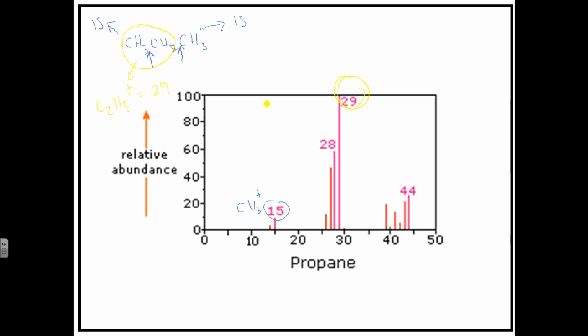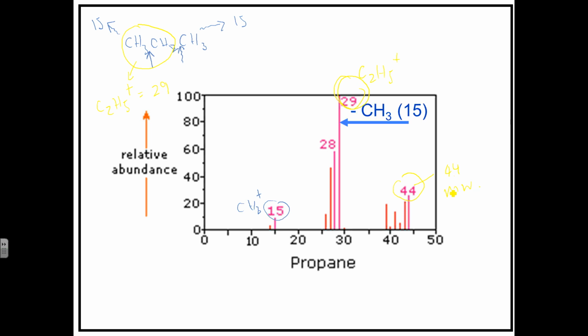So just these two key numbers, 15 and 29, give us a clue as to what is present in the original molecule. So I mustn't forget that they're ions. And propane, 44 is its molecular weight. So that's the molecular ion peak.